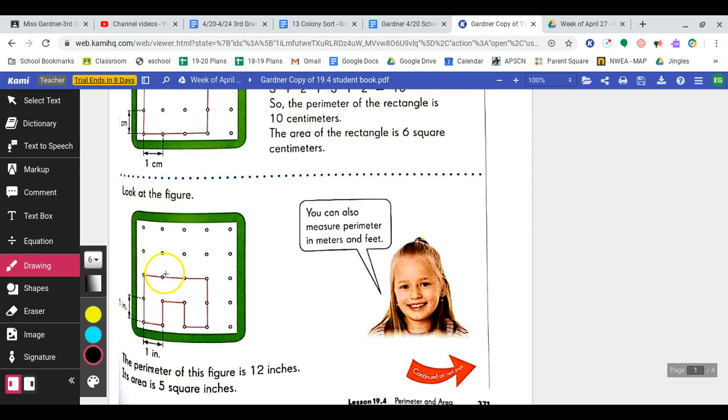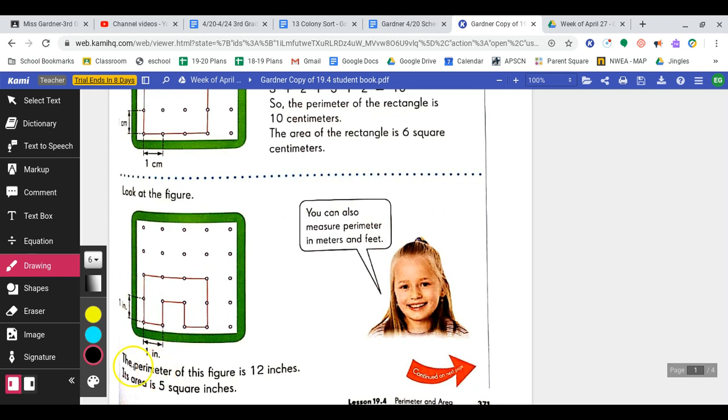Plus we've got another 3, 4, 5 inches in total. Plus 2 is going to be 7 inches. Plus another one is 8. Plus another one, 9, 10, 11, 12 inches. If we measure up all of the sides together, it's 12 inches in the distance around it.